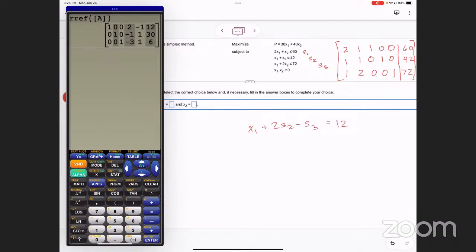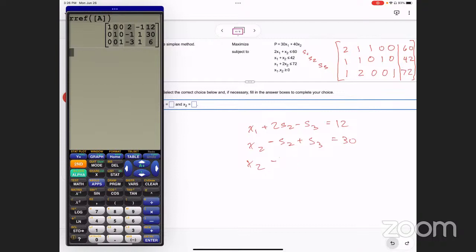That's one of your equations. x2 minus s2 plus s3 equals 30, and x2 minus 3s1.